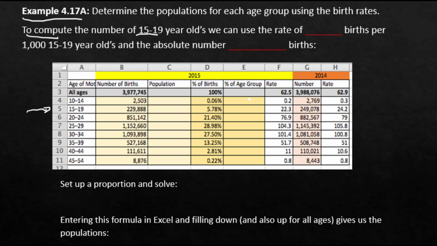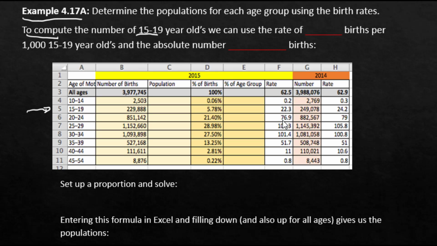We can use either the rate of 22.3 or 24.2, depending upon what year we're talking about. So let's stick with the year 2015.